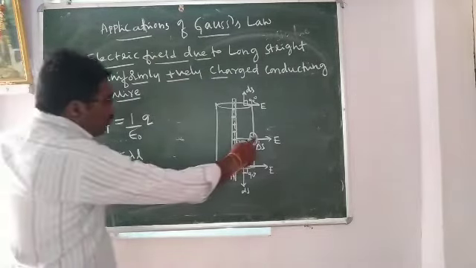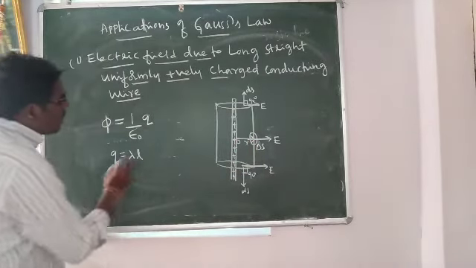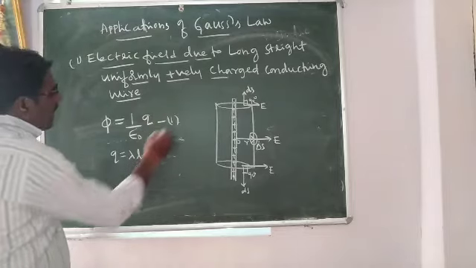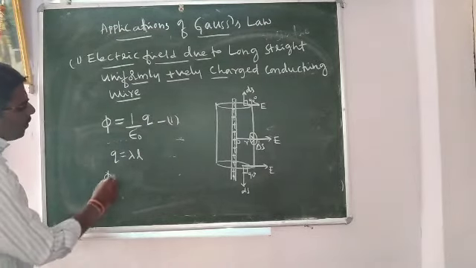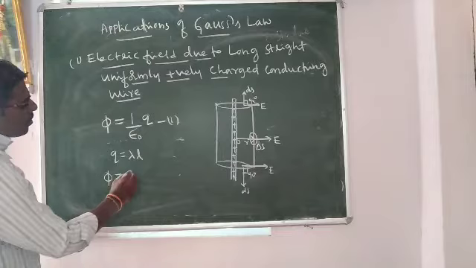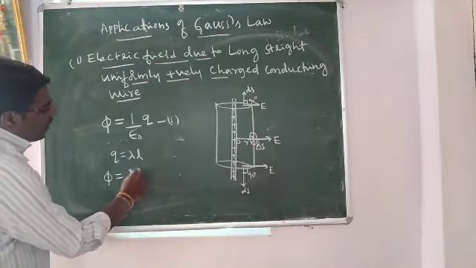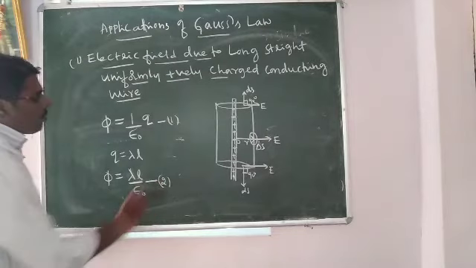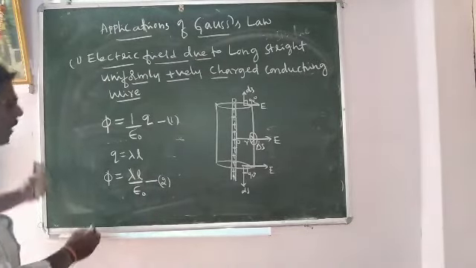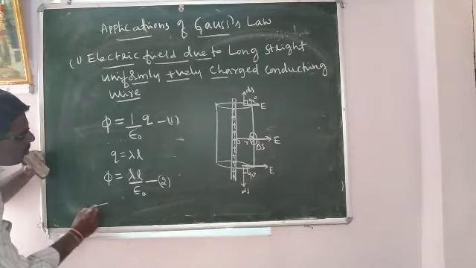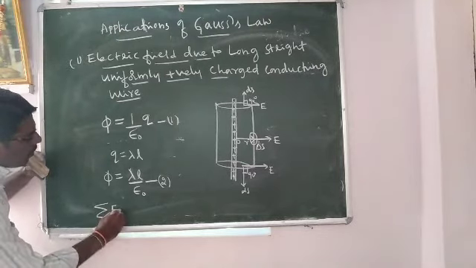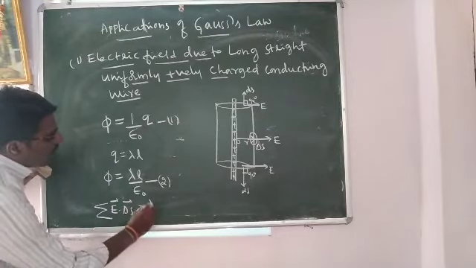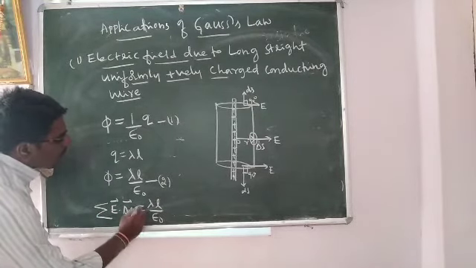The total charge enclosed is Q equal to lambda into L. Put this value in equation 1: phi is equal to lambda L by epsilon naught. This is equation 2. According to the definition of electric flux, phi is equal to summation of E dot delta S, which is equal to lambda L by epsilon naught.